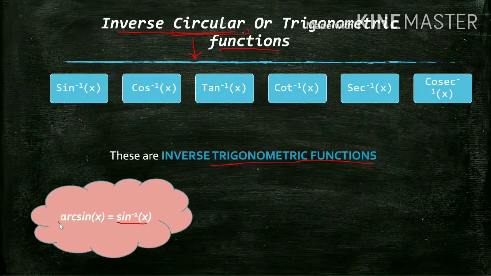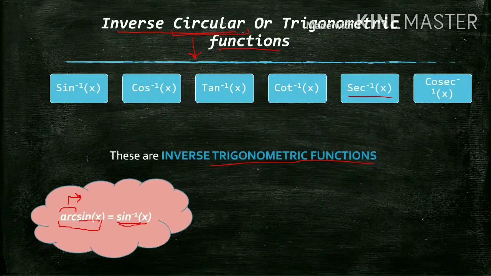I can also write it using the word arc before the trigonometric function. So sine inverse x is arc sine of x. Similarly for any other inverse trigonometric function: sec inverse x is arc sec x, and tan inverse x is arc tan x. Just remember that I have used the word arc before the trigonometric function to write the inverse.